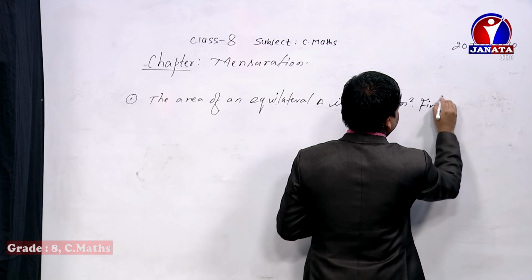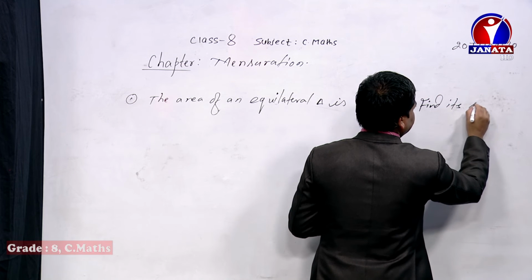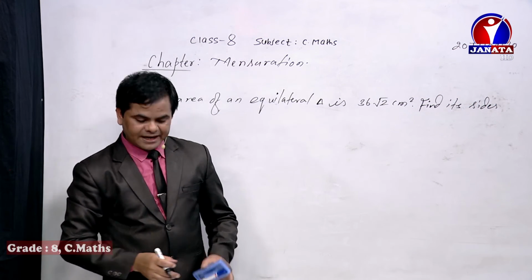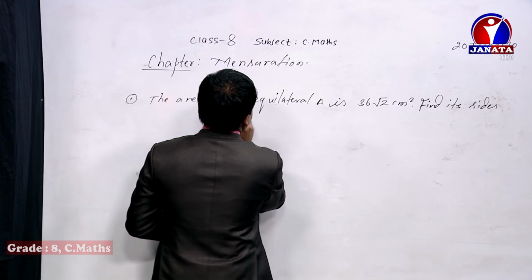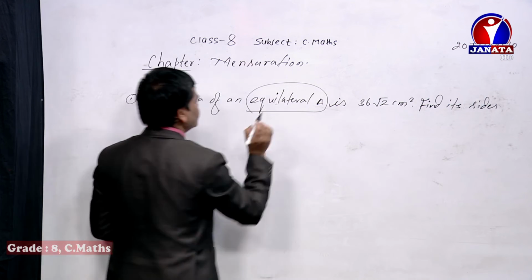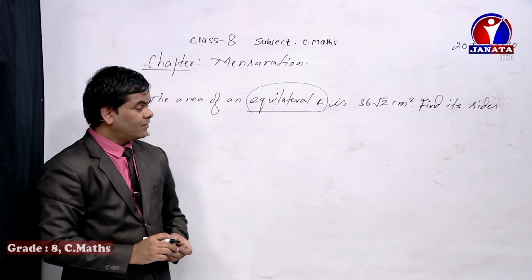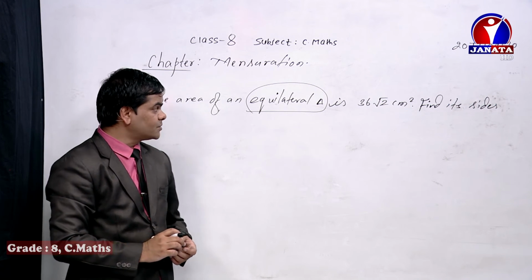Find its length of the side, or find its sides. If we need to find out the sides, so look here, what type of triangle is this? Equilateral triangle. So keep in mind what kind of triangle is known as an equilateral triangle: a triangle having all angles equal to each other and all sides equal to each other.